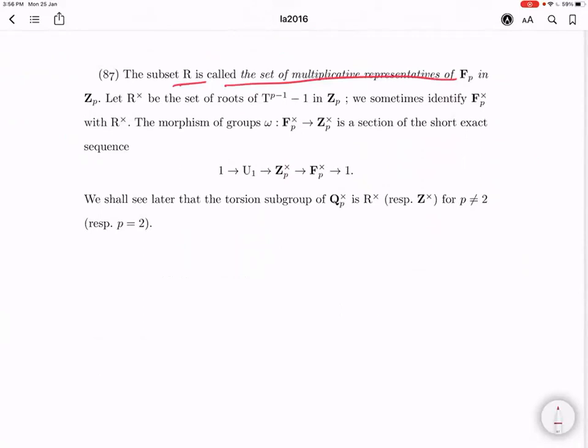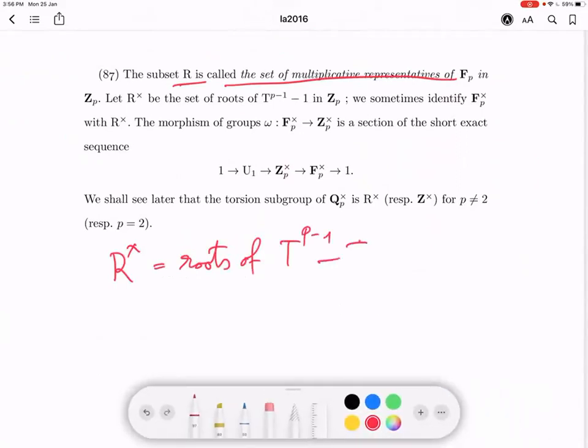And if I denote by R star the set of roots of t to the p minus 1, minus 1, then that's just a notation.